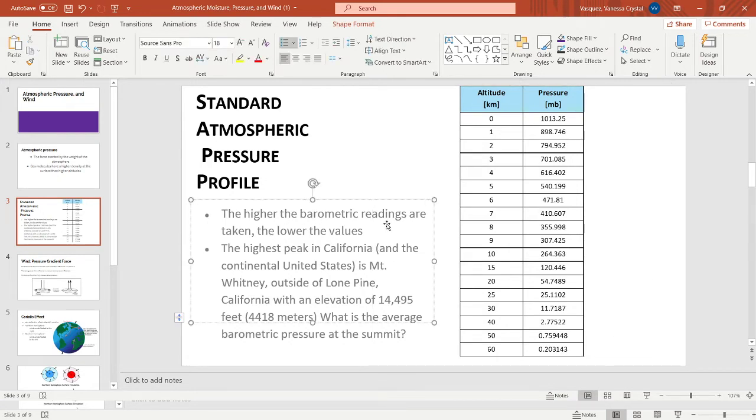So the higher the barometric readings are taken, the lower the values. What we just saw is that at 60 kilometers, there is a lower pressure.